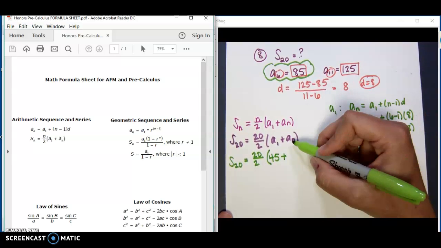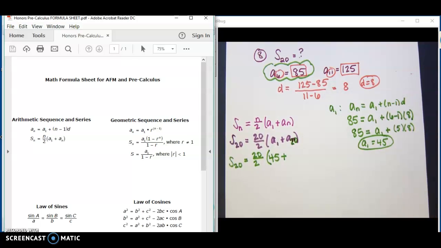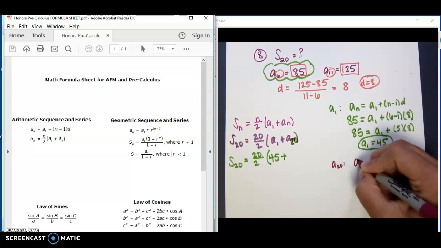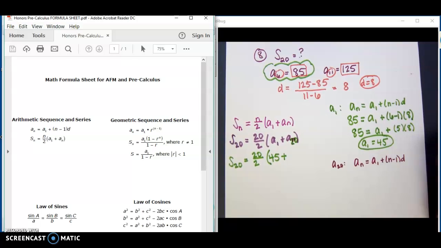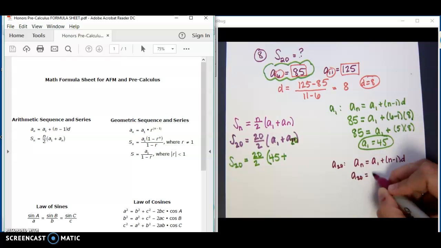One other thing I'm going to fix on here, because this is 20, we're really trying to find A sub 20 here. Well, unfortunately, we do not know A sub 20. So we're going to do the same kind of thing. To get A sub 20, we're going to use our explicit formula. Okay, we're going to fill in what we know. We're trying to find A sub 20. We just figured out A sub 1 is 45.